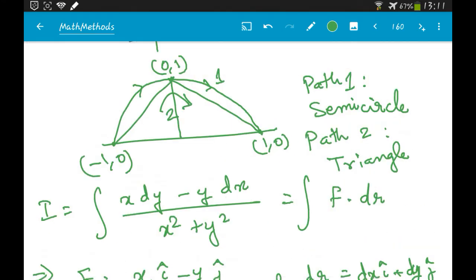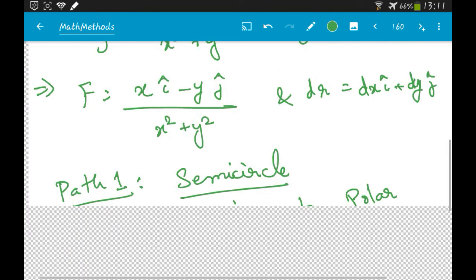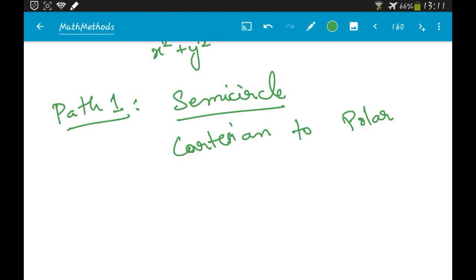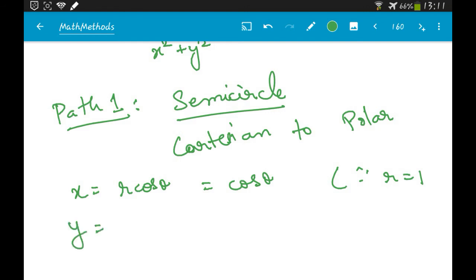The radius of the semicircle is nothing but 1, right? So x is equal to r cos theta, which is equal to cos theta since r is 1, and y is equal to r sin theta, which is equal to sin theta since r is 1.